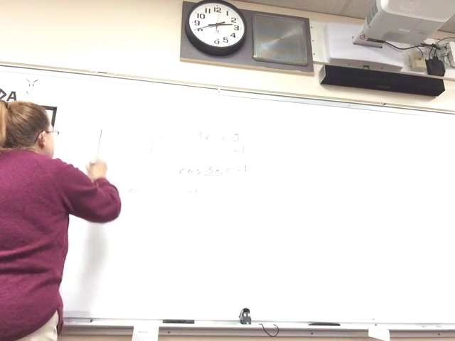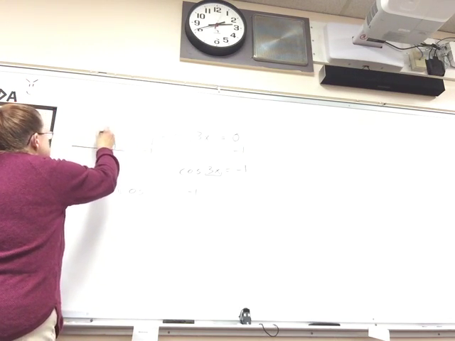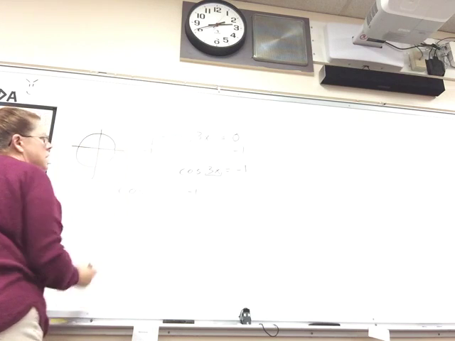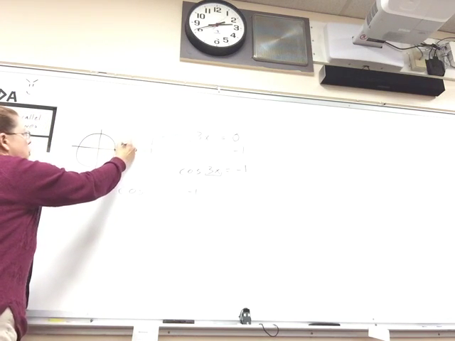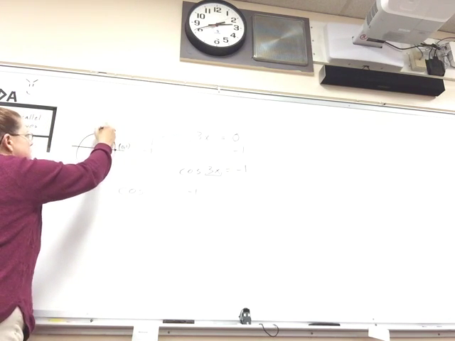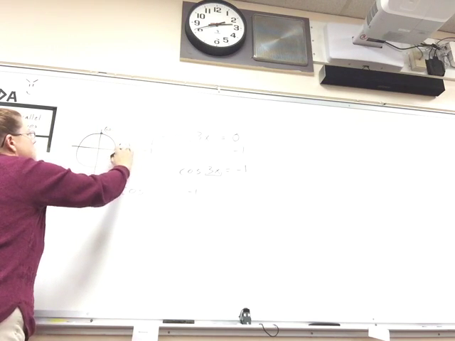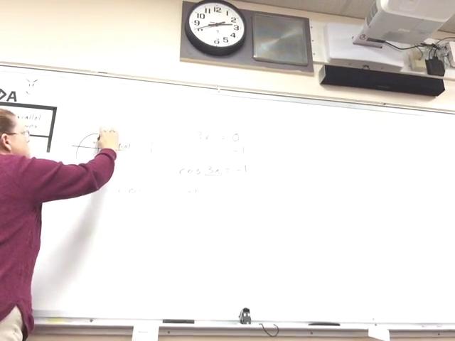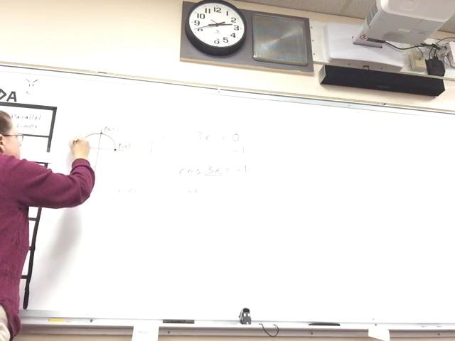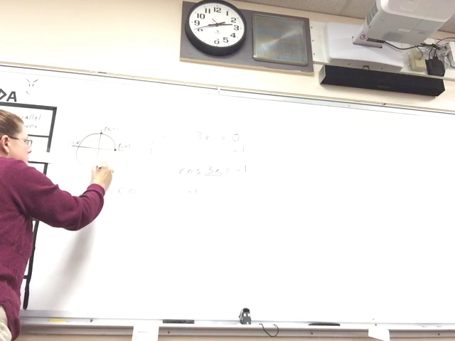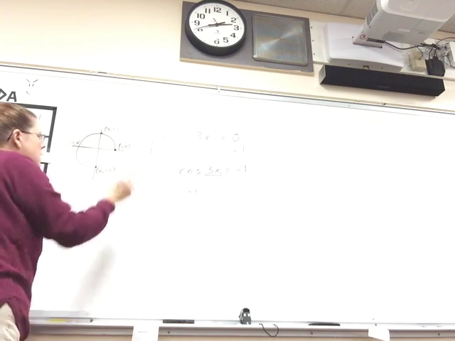If you look on your sheets, you have the unit circle now, and there are points here, which I've drawn several times: 1, 0; 0, 1; -1, 0; and 0, -1.